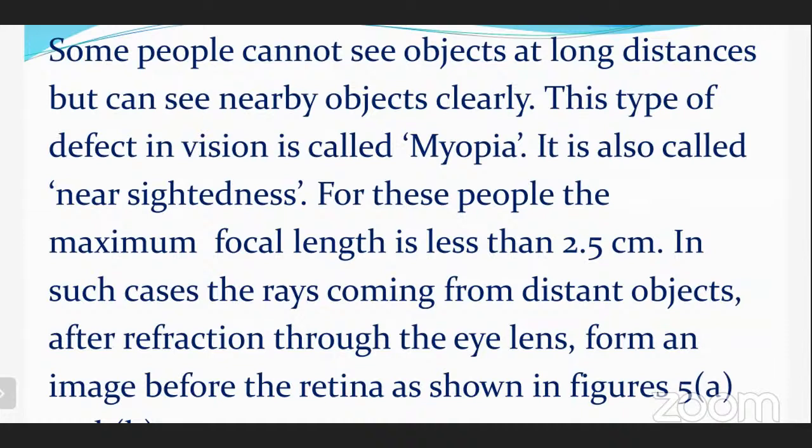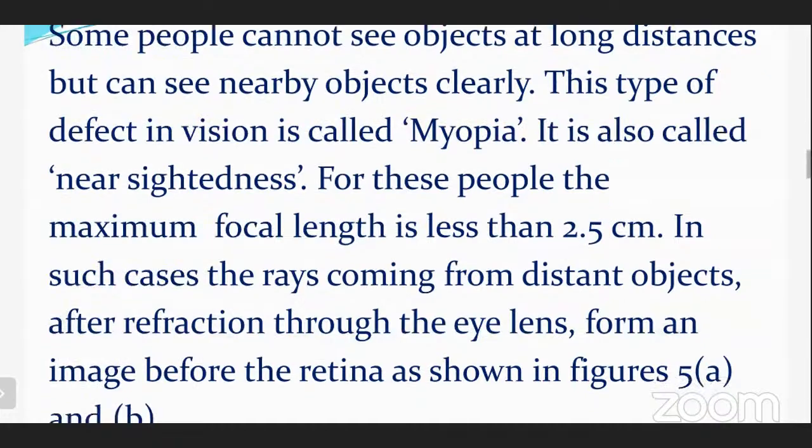This is also called nearsightedness. Understand? One word, nearsightedness. This word reflects that they can see nearby objects. So, what is the problem? Why can't they see the distant objects?